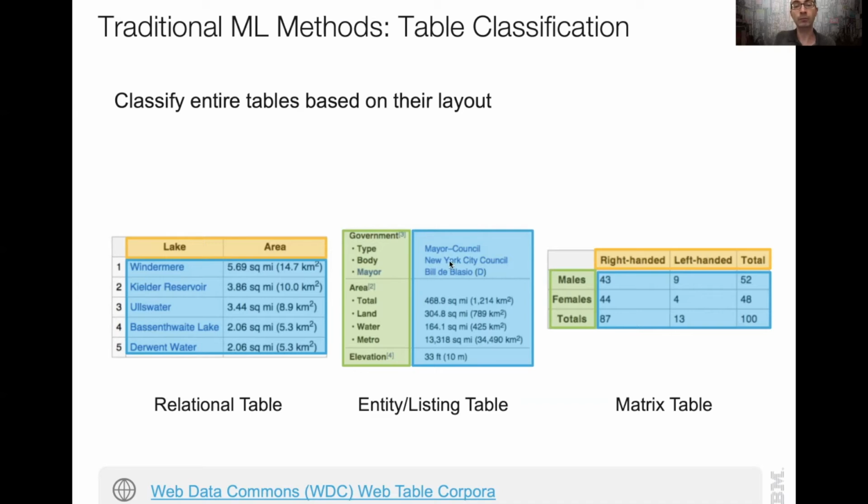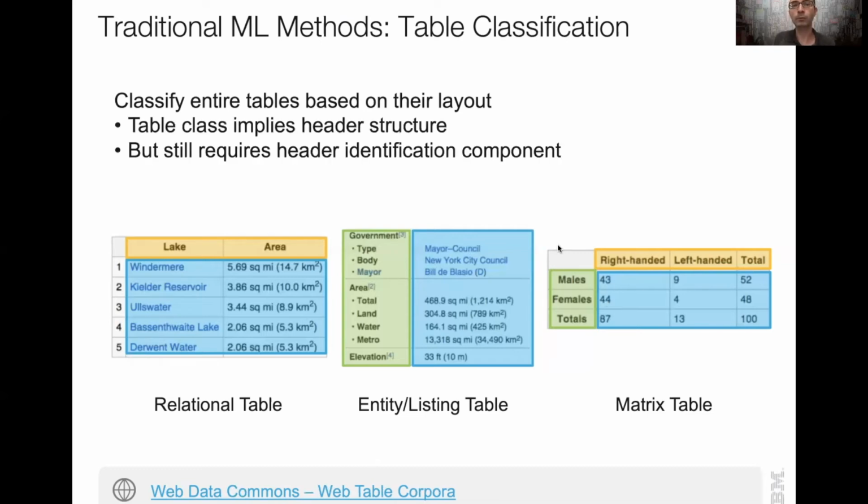And they have typically two columns. On the left column, they have the row headers containing the properties. And on the right column, they have cells containing the actual values of the properties. And the typical example of entity tables are typically the info boxes that we can see in Wikipedia. And then we have matrix tables that have both column headers on the top and row headers on the left.